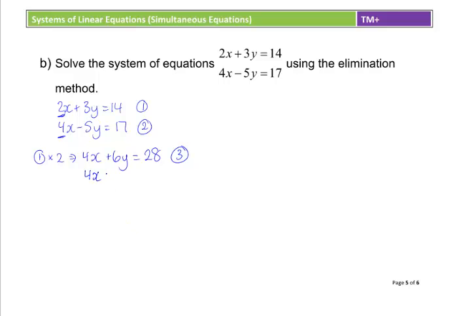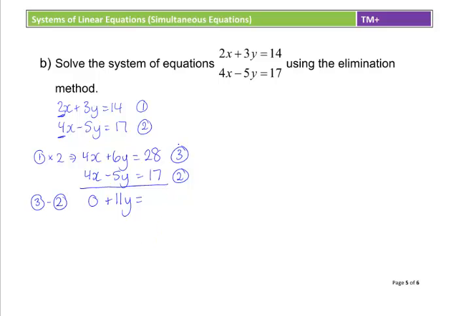And then I'm going to write my other equation underneath because it's easier to be able to see what's going on. Now because my coefficients are exactly the same, I've got positive 4x in both, so I'm going to subtract my equations. I'm going to go 3 minus 2. 4x minus 4x is 0. 6y take negative 5y becomes 6y plus 5y, so that's 11y, and that equals 28 minus 17.